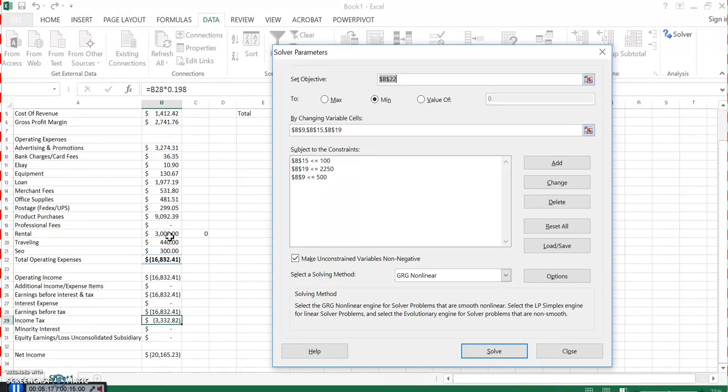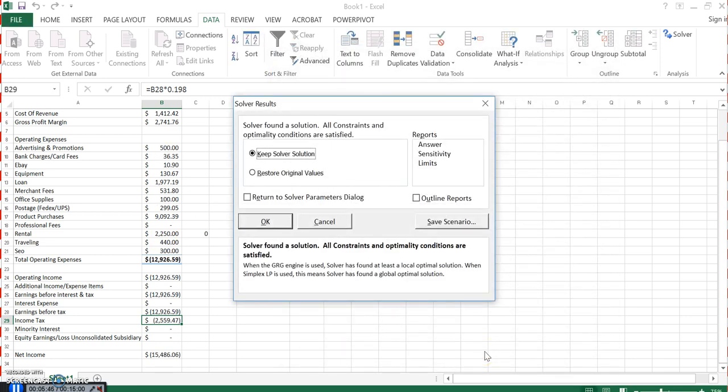But let's assume the venue has the same owner, and they say, we appreciate your return business, we can rent out the venue for you at a discount. So instead of $3,000, let's make it $2,250. So now we have $500 for advertising and promo, $100 for office supplies, and $2,250 for the venue rental. Let's see where that leads us.